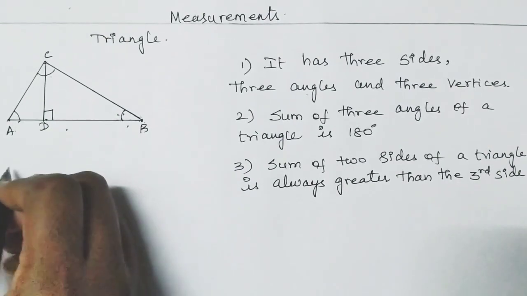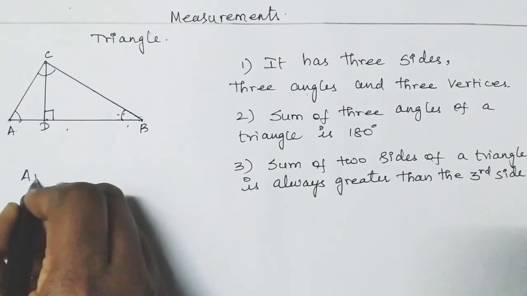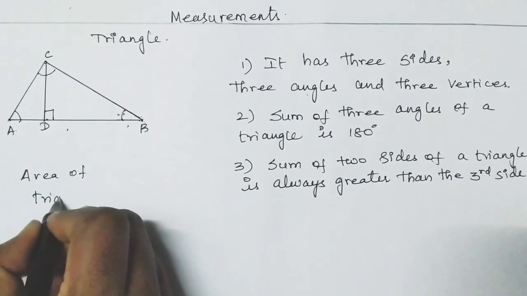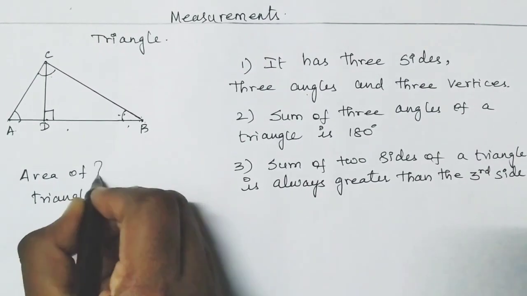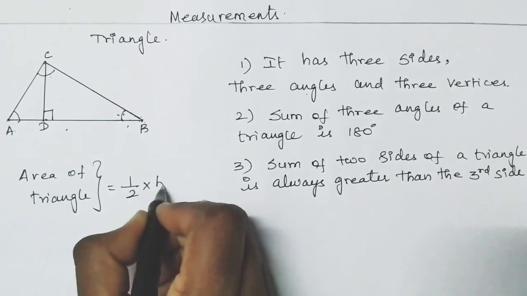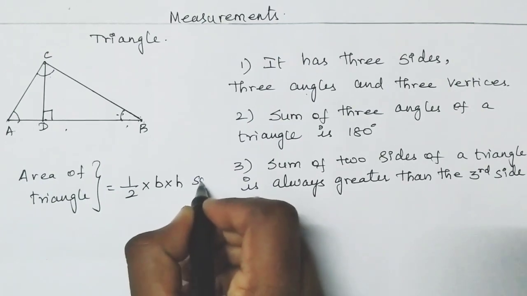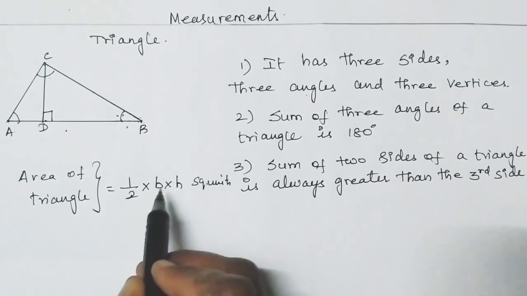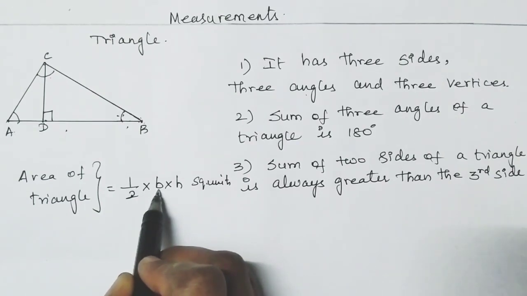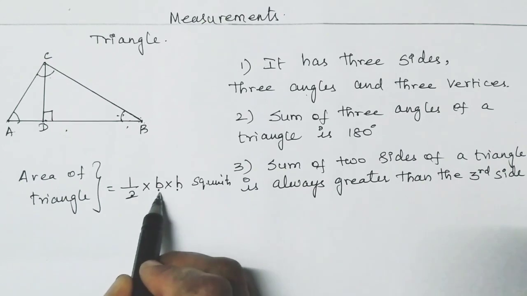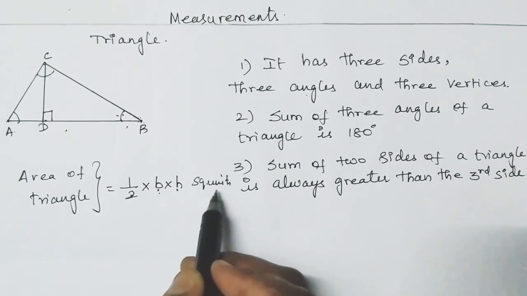Now let's see the formula to calculate area of a triangle. Half into base into height square units. Half into base B into height H. Half into base into height square units.